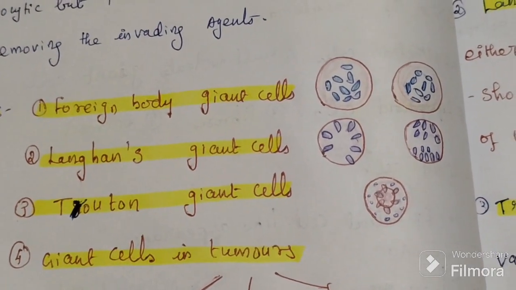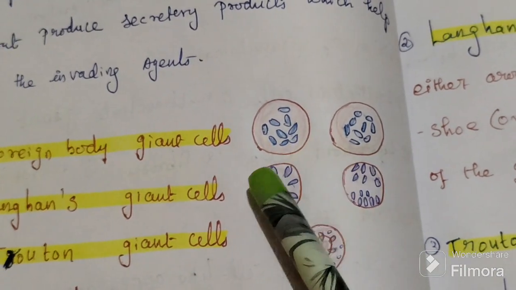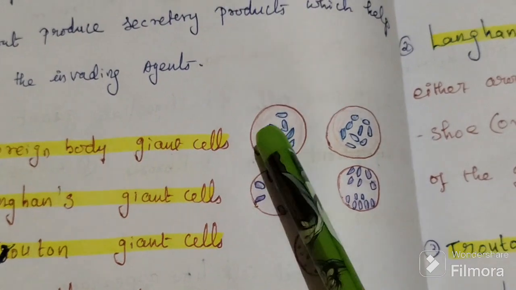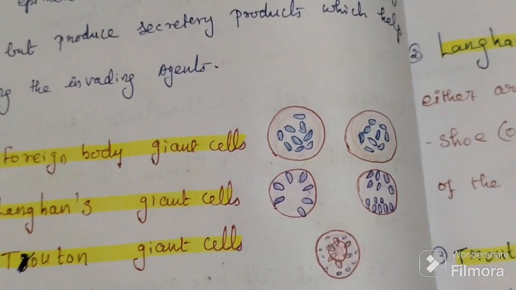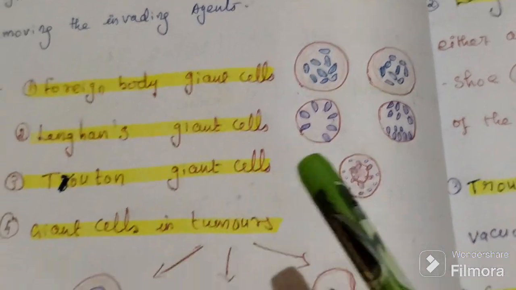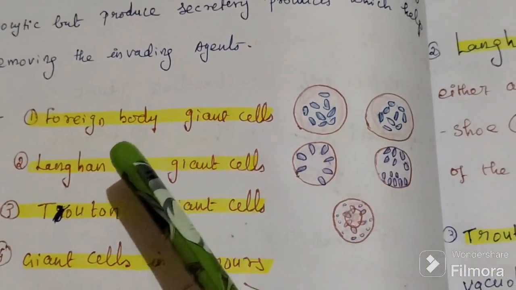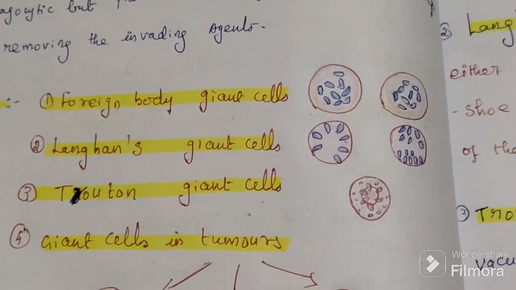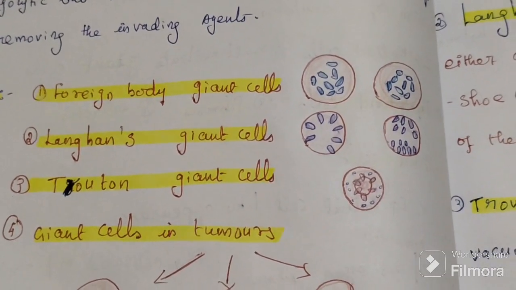So what is a foreign body giant cell? In this diagram the nuclei have no fixed arrangement. They are scattered everywhere, so this is called a foreign body giant cell. The second one is the Langhans giant cell.